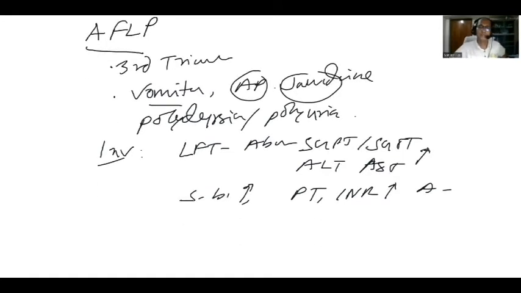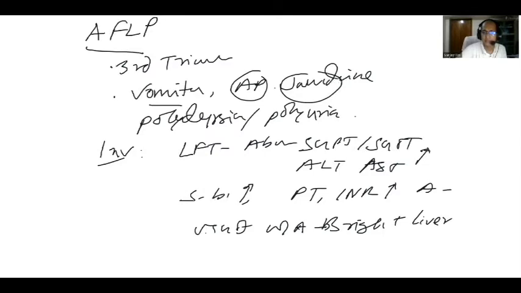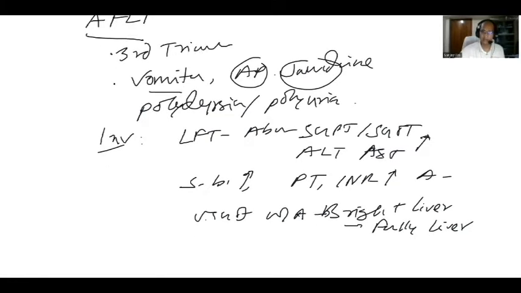So with this investigation, along with ultrasonography of whole abdomen, will show a bright liver. Bright liver means fatty liver. It may be grade 2 or grade 3, and liver may be enlarged in size or maybe normal.